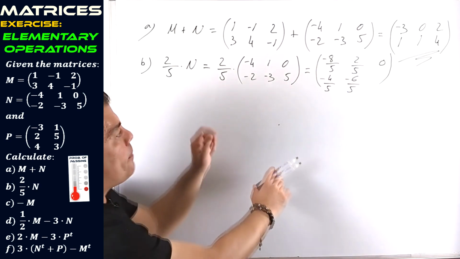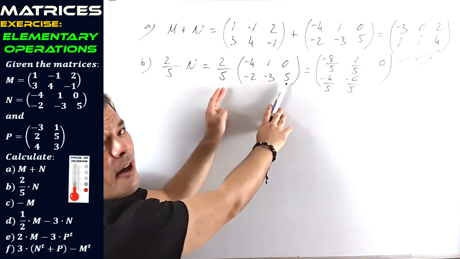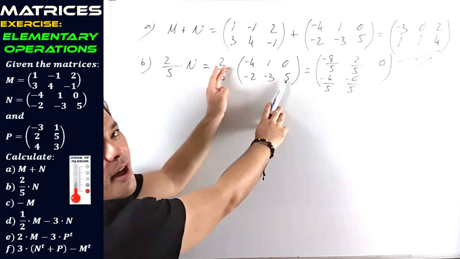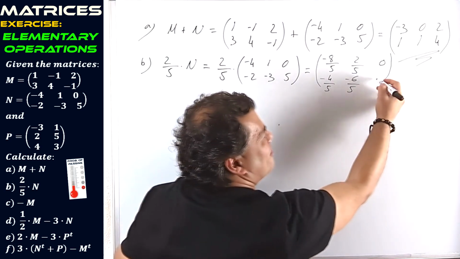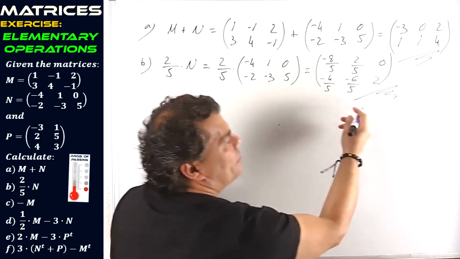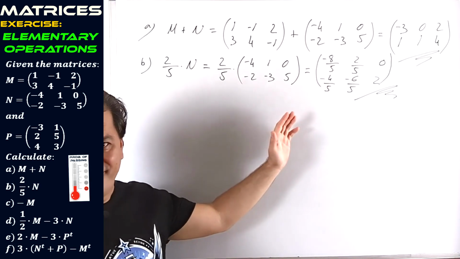And finally, 2/5 multiplying 5. 2 times 5 is 10. 10 fifths, that is 2. And here you have the result of the B section.